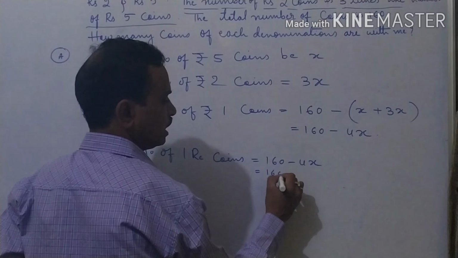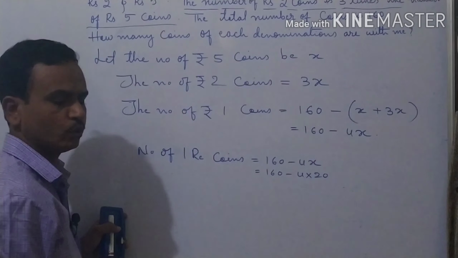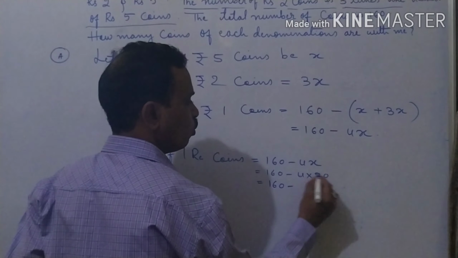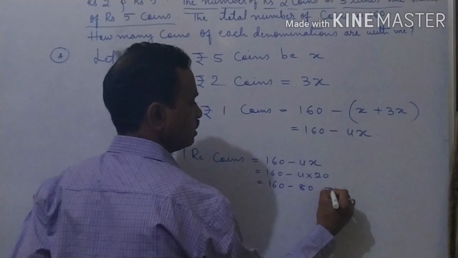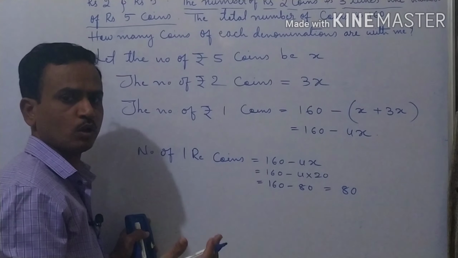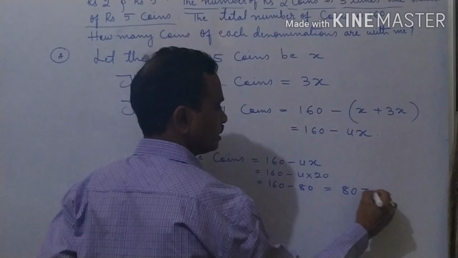So 160 minus 4 into 20, because we got the x value as 20. 4 into 20 is 80, so this is equal to 80. 80 coins of 1 rupee are there.